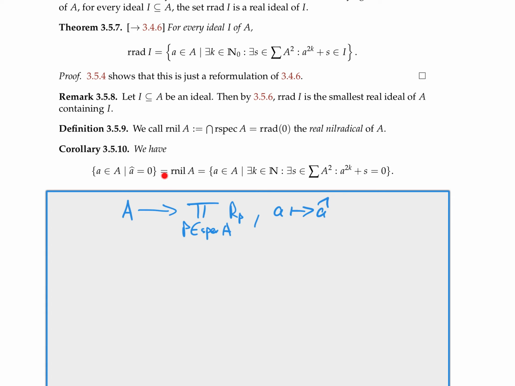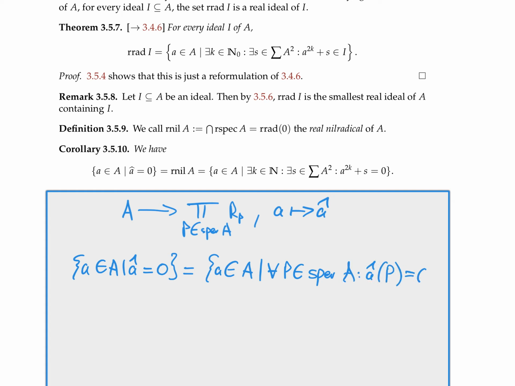So the set of all A in A such that A hat is 0 is the set of all A in A such that for all P in Sper A, A hat of P is 0, and this is the set of all A in A such that for all fraktur P in the real spectrum of A, in R-spec A, the set of real prime ideals, A hat of fraktur P is 0.